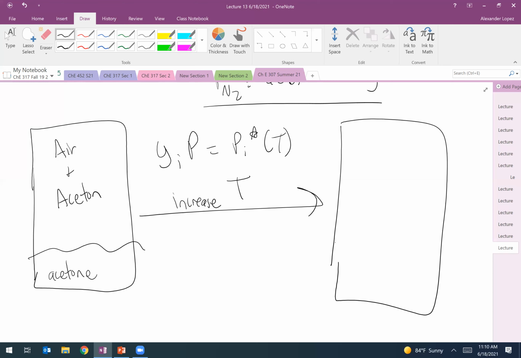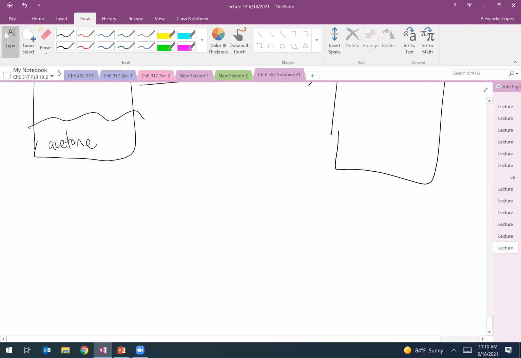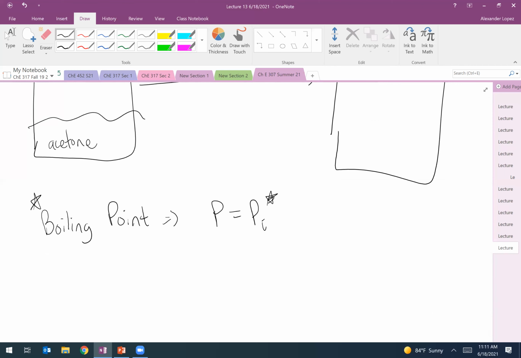Boiling point is when P_i* equals the system pressure. My vapor pressure equals the system pressure. So if I was to solve for the boiling point, I would plug in the system pressure, 960, and ambient pressure.